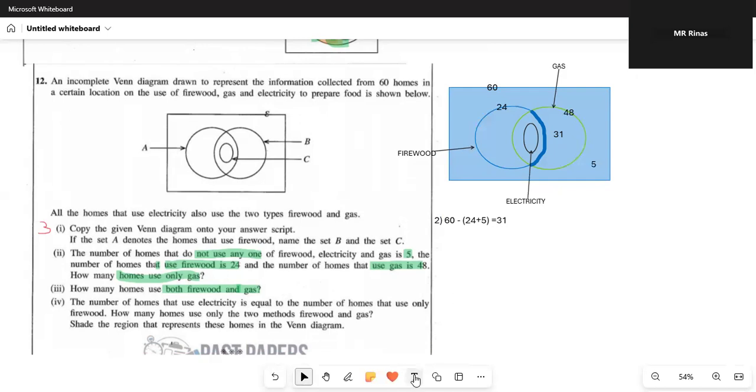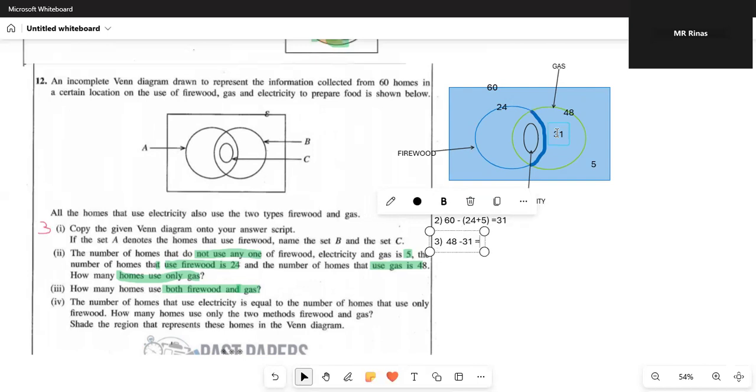So the third one, they ask you to find how many people use firewood and gas. You know that the people who use gas is 48. This whole circle is 48. And you know that the 31 is the people who use only the gas, right?